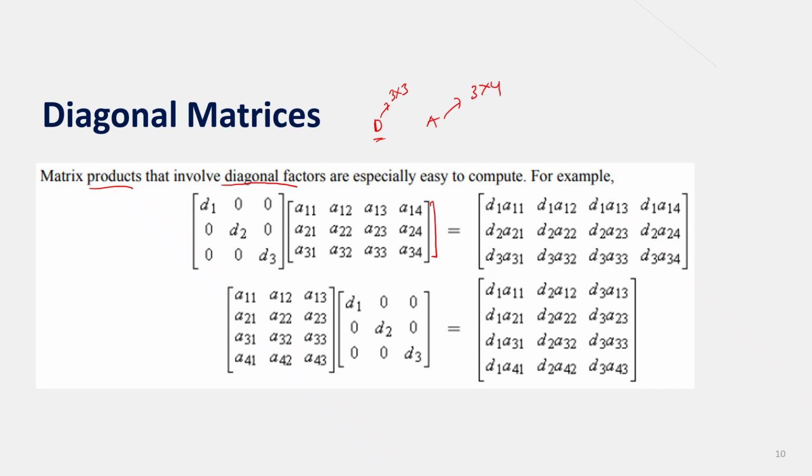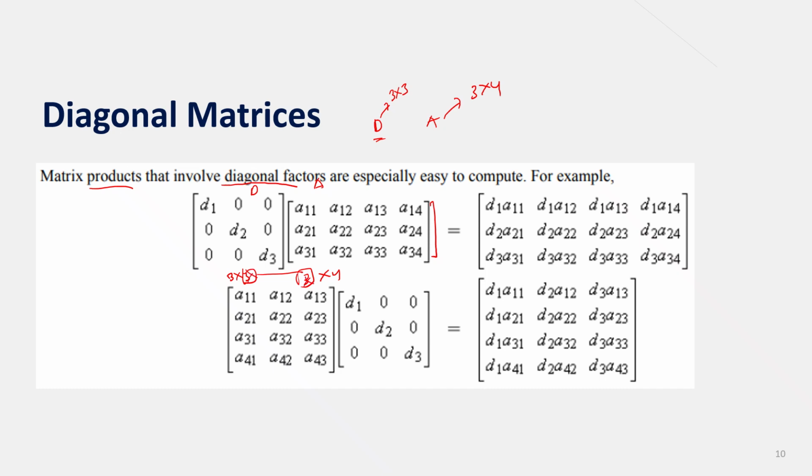So when you multiply D by A, a 3 by 3 matrix multiplied by a 3 by 4 matrix, you will get a new 3 by 4 matrix.